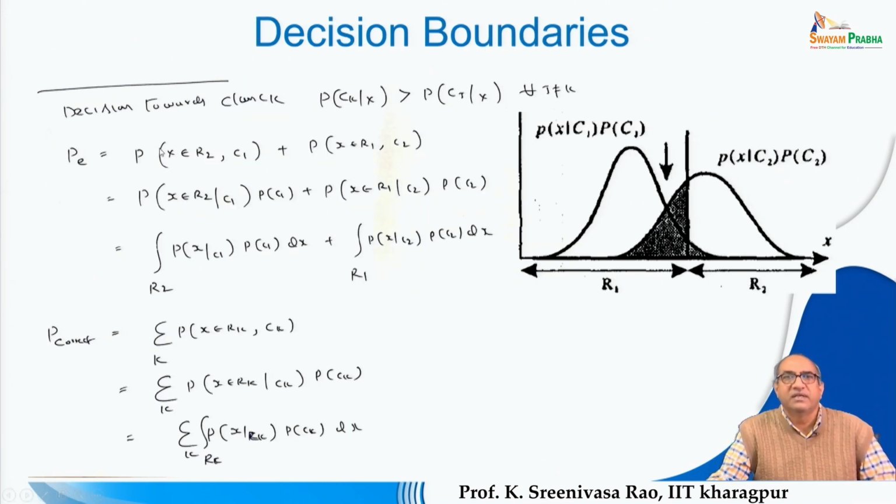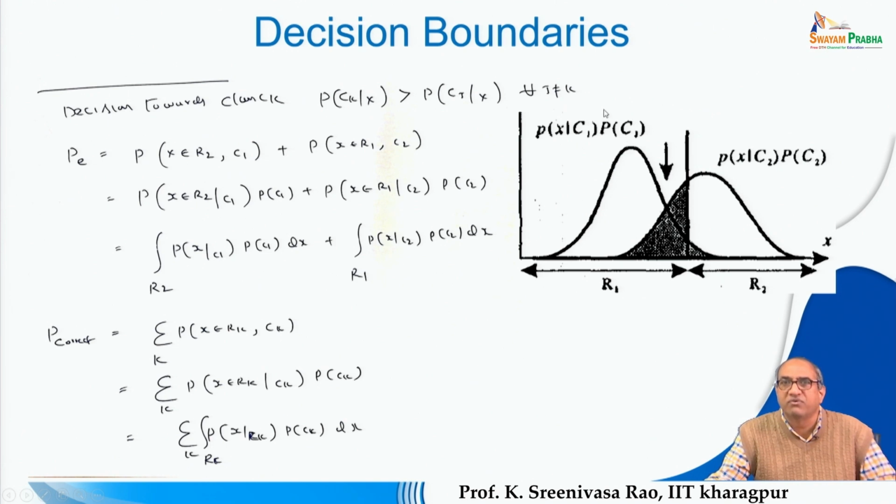The next one is, what are the decision boundaries? That means how do you make a decision such that the probability of error is minimized. Here these are the class conditional densities. From the previous example, we took 2 classes and a certain number of examples from each class, computed the feature vectors, and computed the distribution.